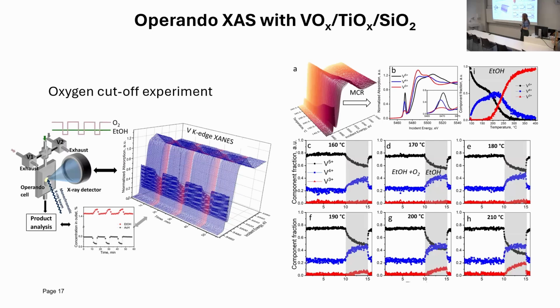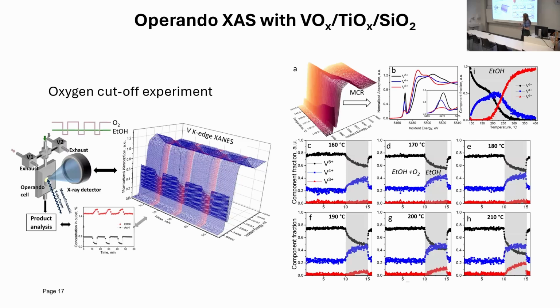We were sending an ethanol and oxygen mixture, and periodically switching off the oxygen supply. We were monitoring the catalytic activity all the time with infrared spectroscopy, which could measure the concentration of ethanol, acetaldehyde, and even some other products.